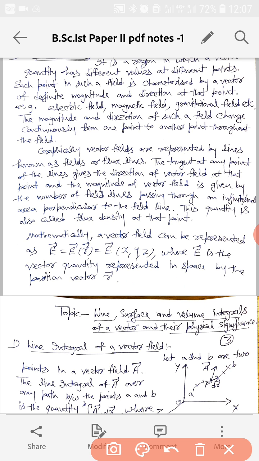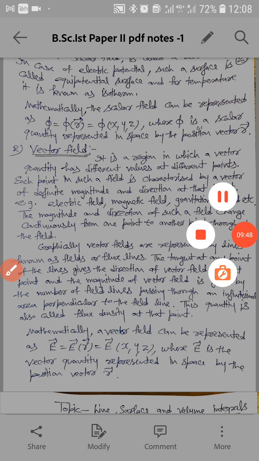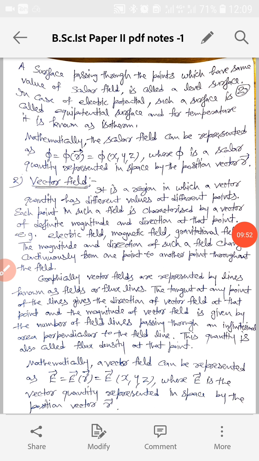I hope you understand the difference between scalar field and vector field.